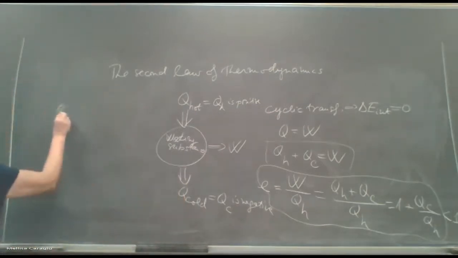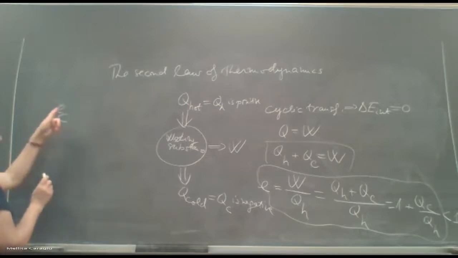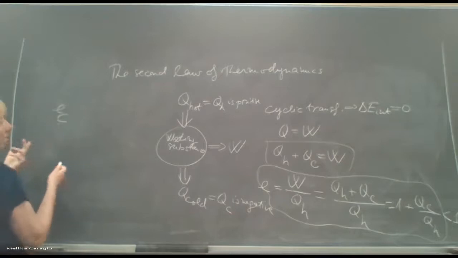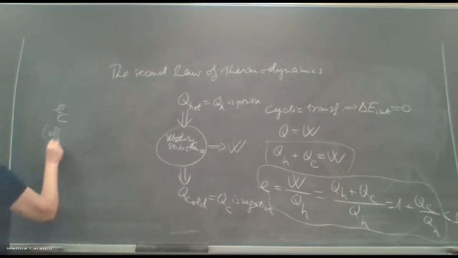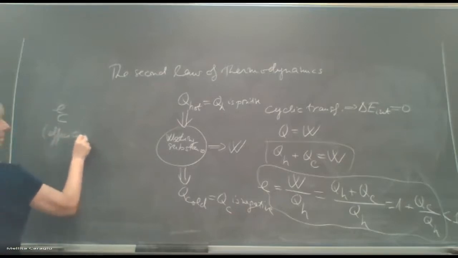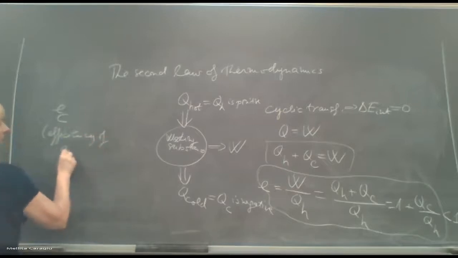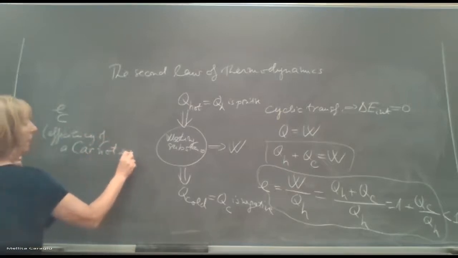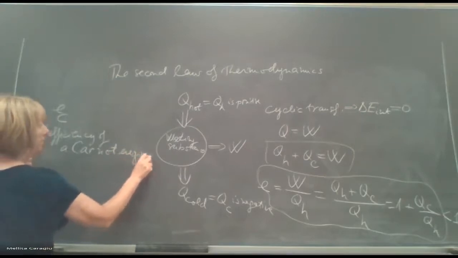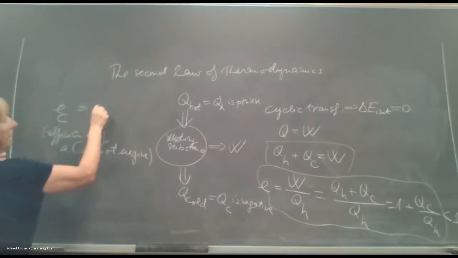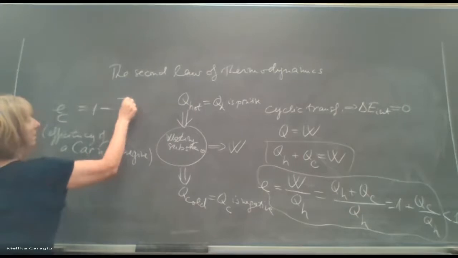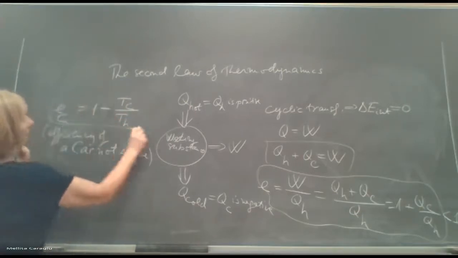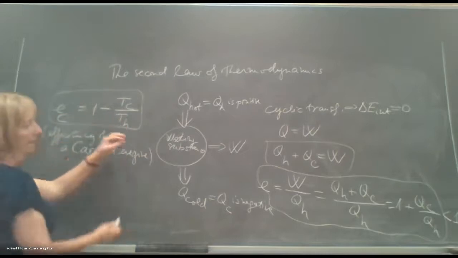So the efficiency of a Carnot engine, and the notation is going to be E with subscript C, which stands for efficiency of a Carnot engine, equals 1 minus T cold over T hot. So how do we interpret this?